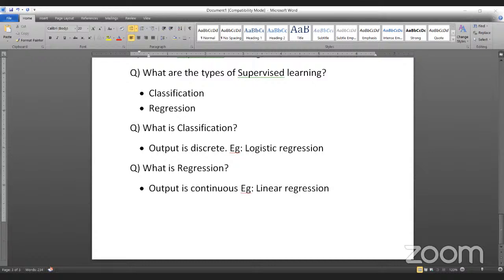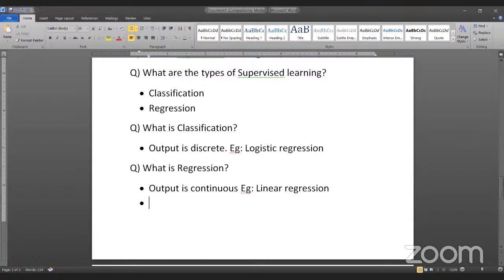Okay, next, coming to unsupervised. So what is unsupervised learning?